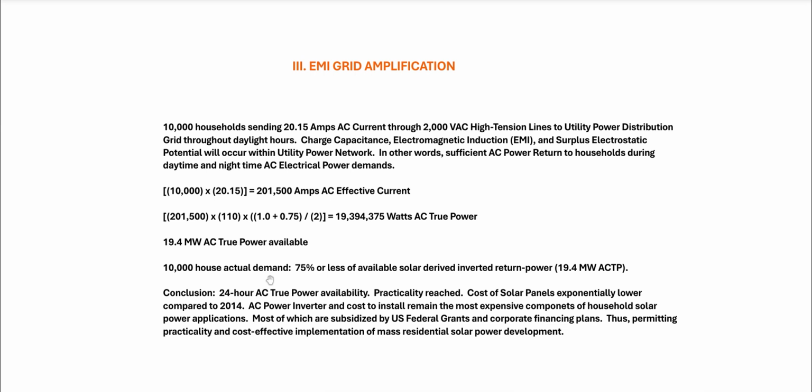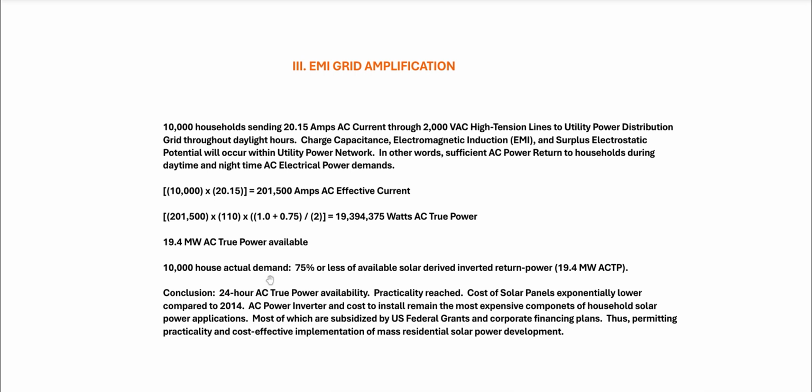So we'll just say 75% or less of available solar-derived inverted return power. We'll just call it inverter return power from each household. So 19.4 megawatts is kind of like what a large Siemens land-based gas turbine electric generator system would produce, about 20 megawatts for a community of about 10,000 to 15,000.